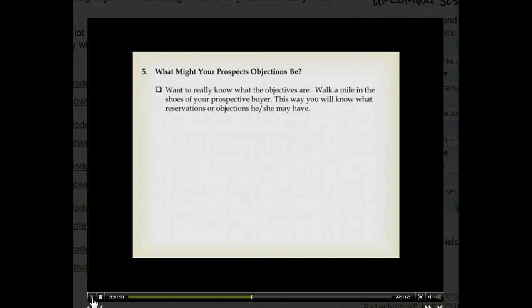They're going to have objections that they're going over in their mind, and you need to know what those objections are, so you can outline them and answer them in your sales copy. So basically you're showing them, you're probably thinking this, well, let me clear this up for you. What you need to do to overcome objections is walk a mile in the shoes of your prospective buyers. This way you will know what reservations or objections he or she may have.